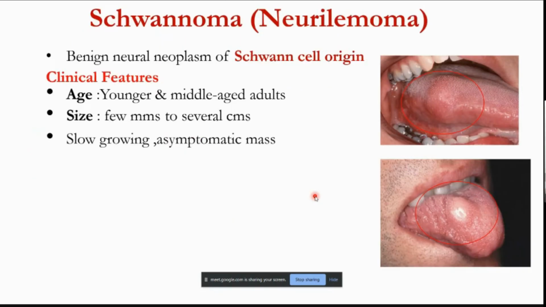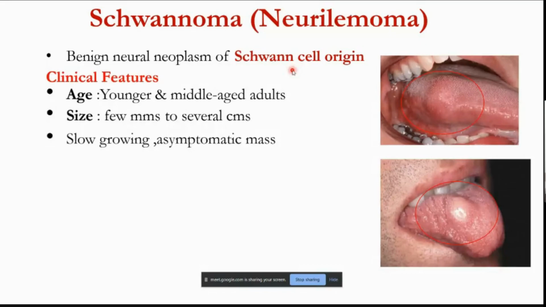The second benign tumor, again of nerve, is Schwannoma. Because it affects the Schwann cells, it is called Schwannoma, and it is also called Neurilemoma. So that's a synonym; both of them are the same tumor. It is a benign neural neoplasm of Schwann cell origin, if you want to define it.